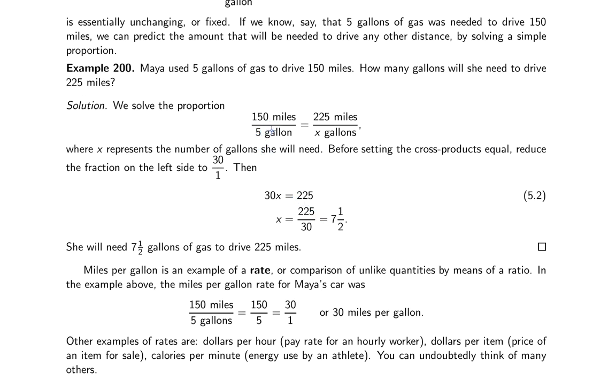Simplifying the left side, we cancel 5, so this is 30 over 1. And the cross products here are 30 times x equals 1 times 225.